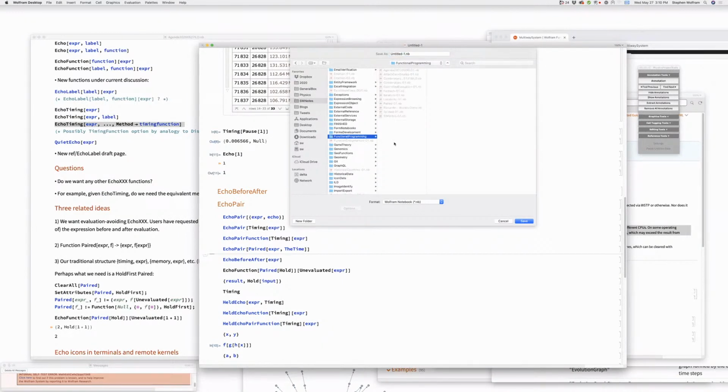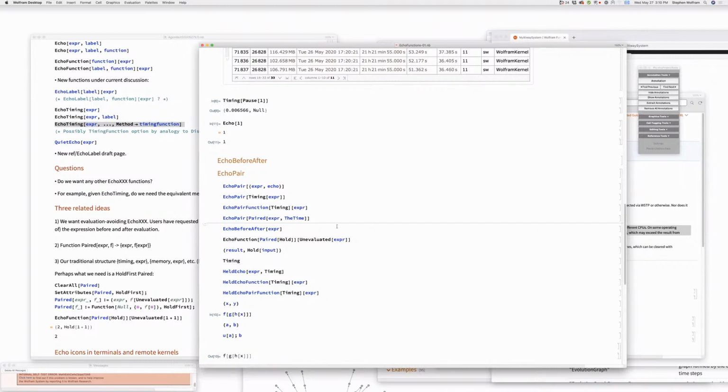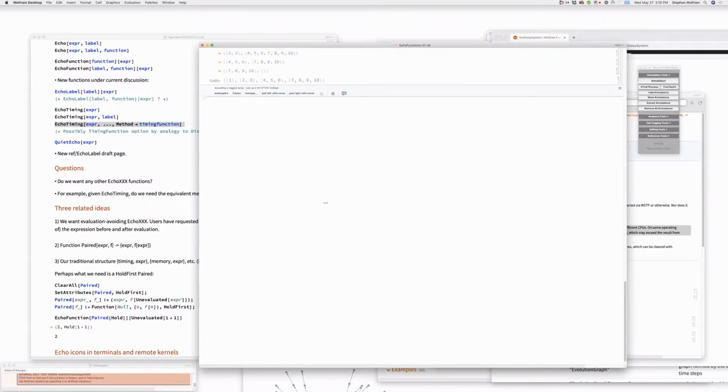I think there's two things. There's a function that eats a pair, and then there's a function that eats an expression and produces a pair. Say that again. So there's like echo pair of an explicit pair. Okay. Echo pair of a pair.